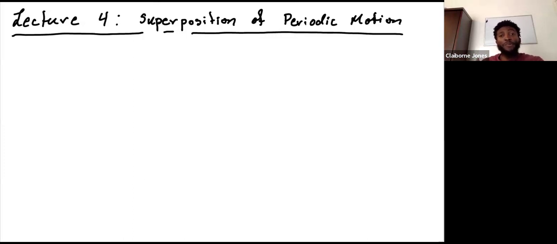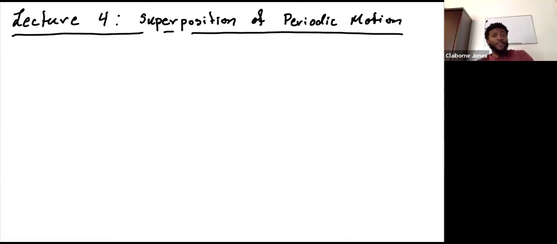We're almost to the point where we're able to describe that. So in today's lecture, we're going to begin to build the foundation for describing this phenomenon of when two vibrations, waves, disturbances, occur at the same time.